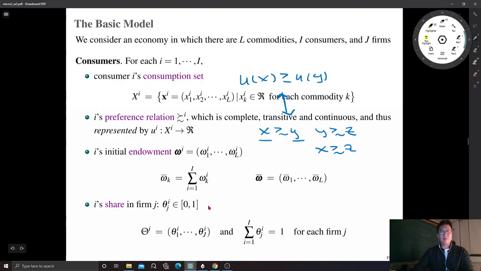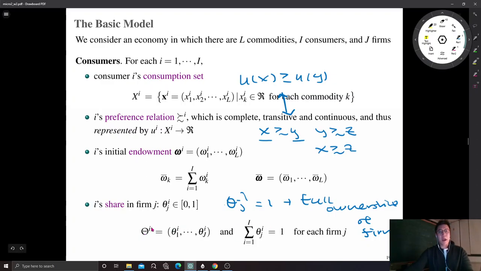If theta j i is equal to 1, that means firm j is fully owned by consumer i. So it's a full ownership.